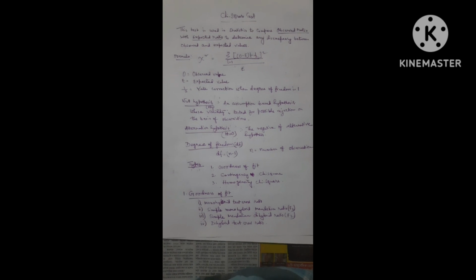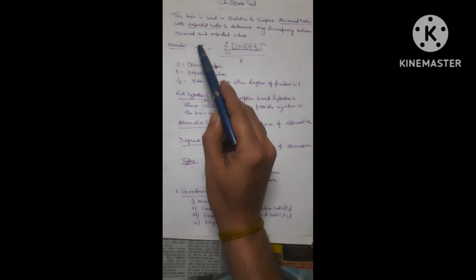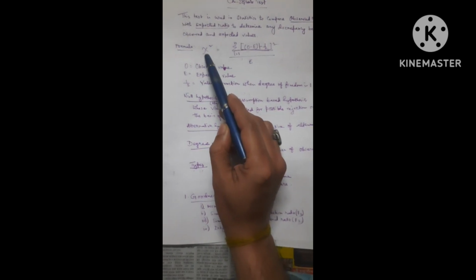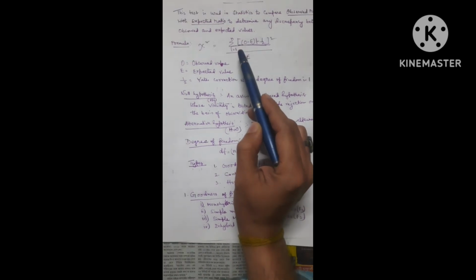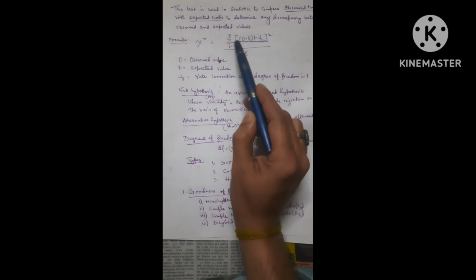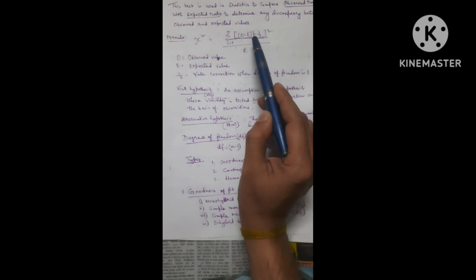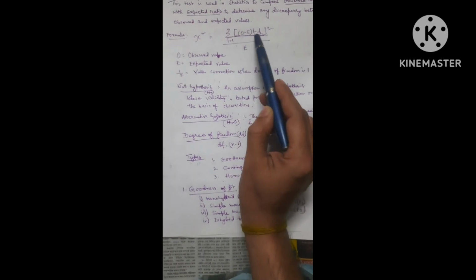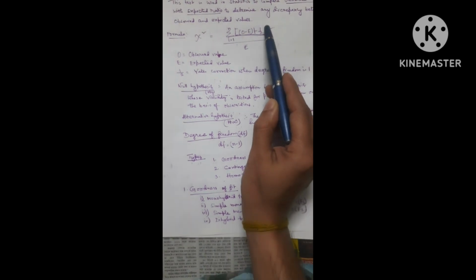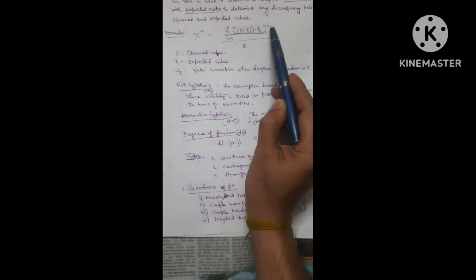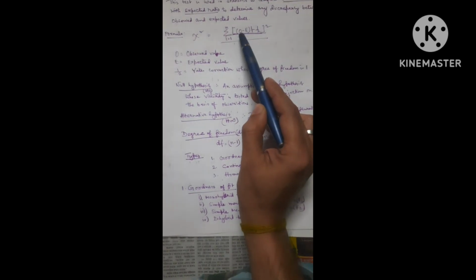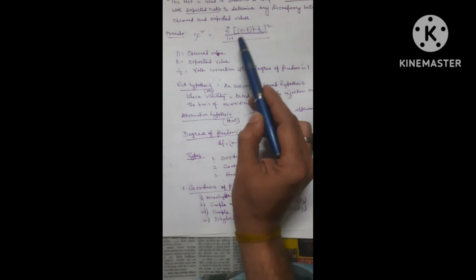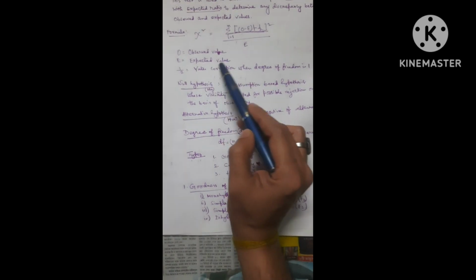The formula is, this is the symbol of chi, chi-square. The formula is summation of O minus E within mod, minus half, whole squared, all divided by E, where O means your observed value and E means your expected value.